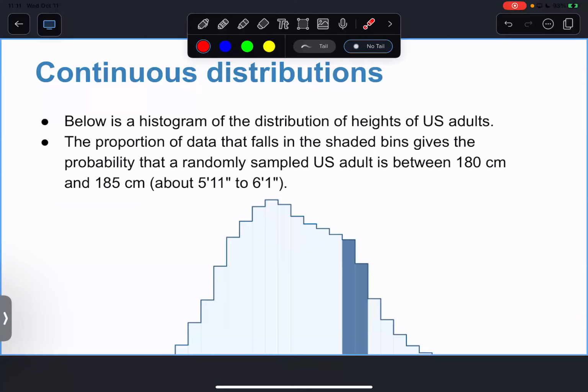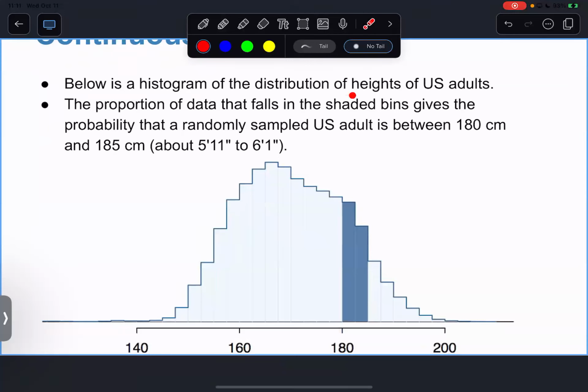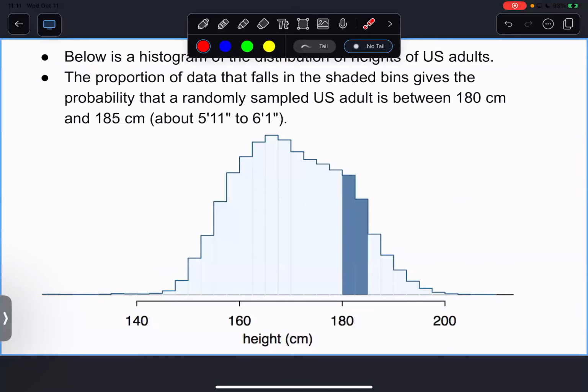And so if we make a histogram of some sample of US adult heights, then we would get something that looks like this. What we're going to be leveraging, especially starting in chapter 4, but also for the remainder of the course, so this is important information, is that to find probabilities are areas under the curve.